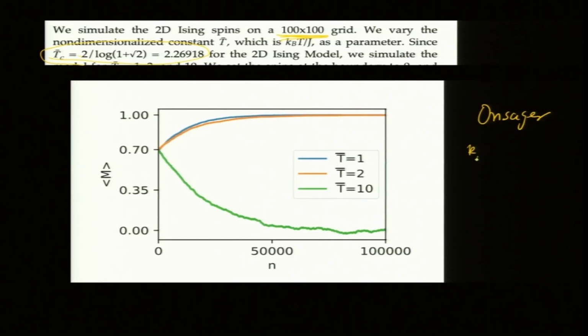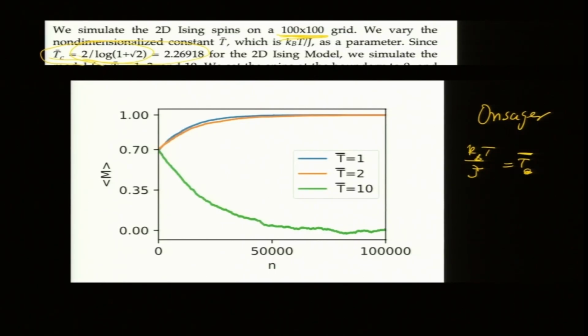So kBT by J is Tc, the T bar. It should be dimensionless, so it is great to consider a dimensionless number. The critical temperature is 2.26918. This formula is log 2 by log of 1 plus root 2.